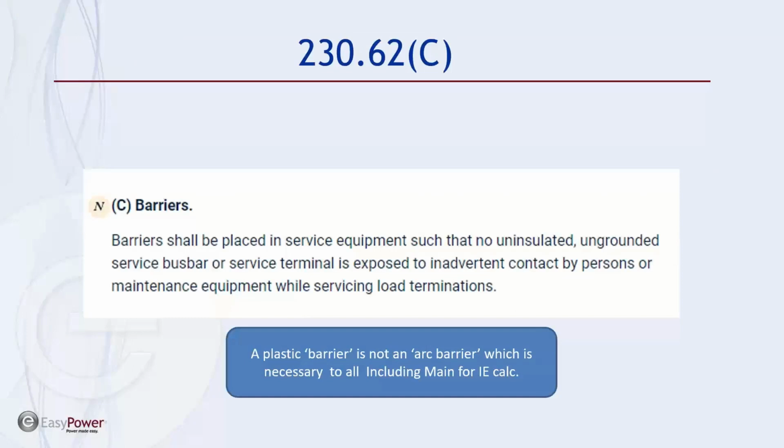One thing that comes up, and I've heard this referred to in several discussions I've had, is Article 230.62(C), the requirement that barriers shall be placed in service equipment such that no uninsulated, ungrounded service bus bar or service terminal is exposed to inadvertent contact by persons or maintenance equipment while servicing load terminations.